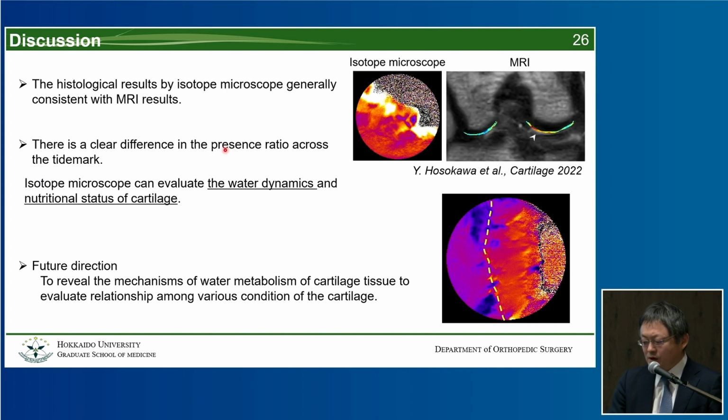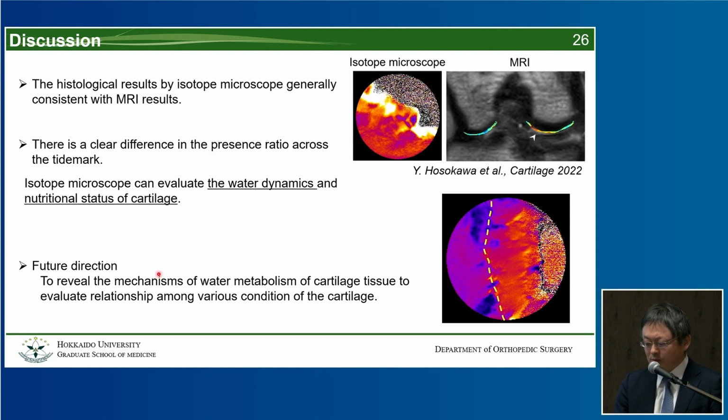The histological results by isotope microscope are generally consistent with the results of the MRI. In addition, there is a clear difference in the isotope ratio across the tidemark. This result suggests that this technology has the potential to assess the nutrient status of the cartilage and the subchondral bone.